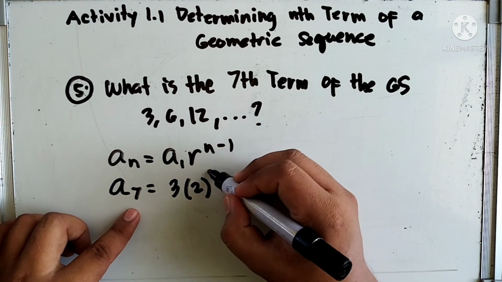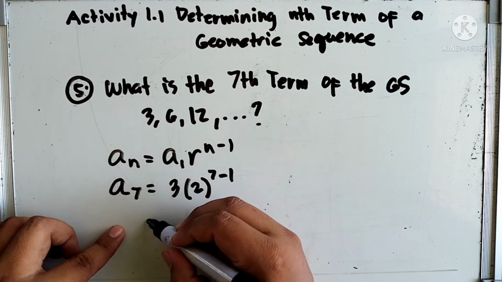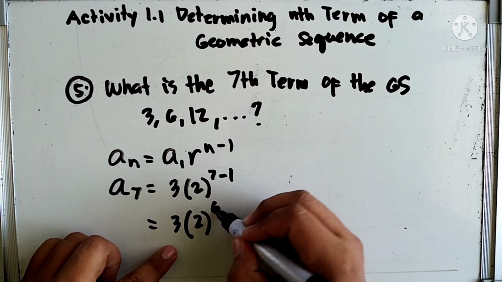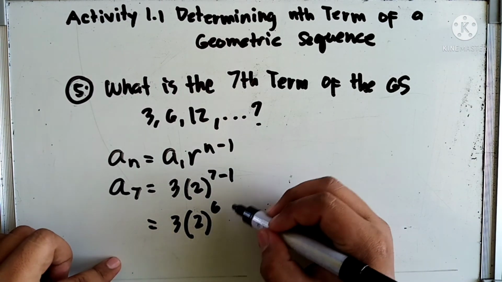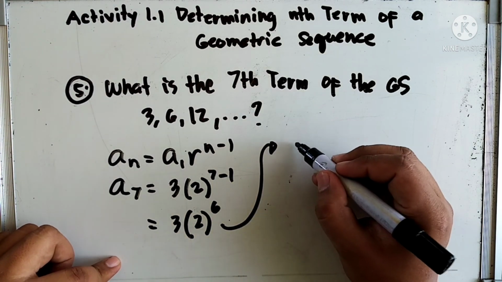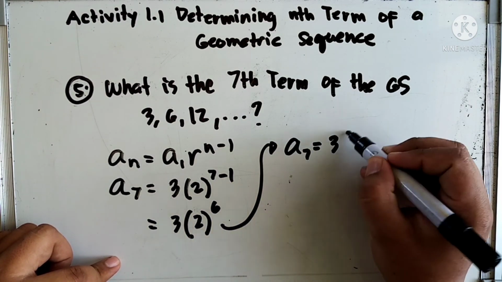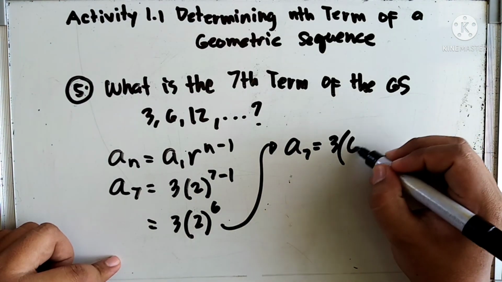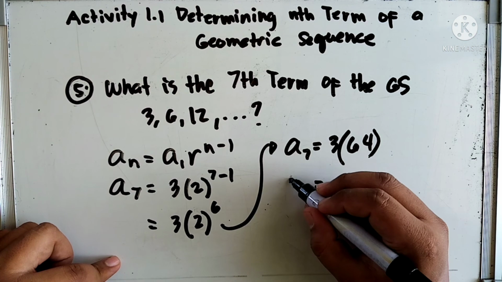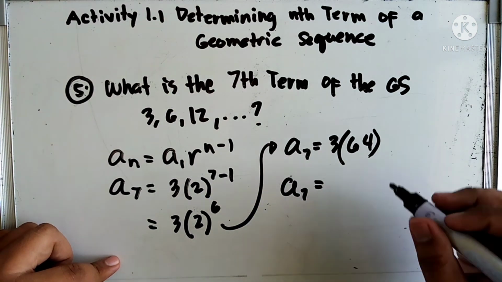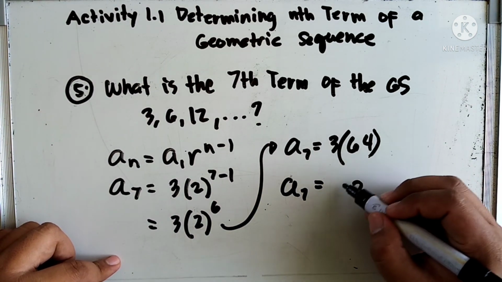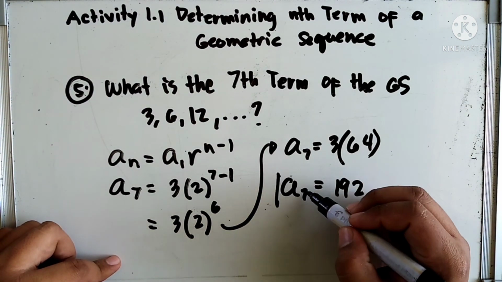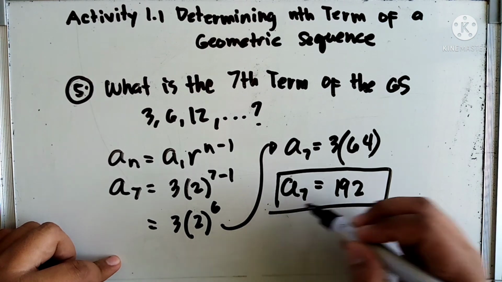So, 3 times 2 raised to 7 minus 1, which is 6. Now, 2 raised to 6, that is 64. Let's multiply 3 times 64, that is 192. So that means our seventh term must be 192.